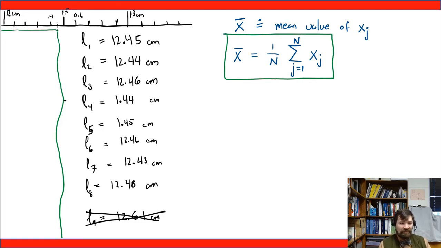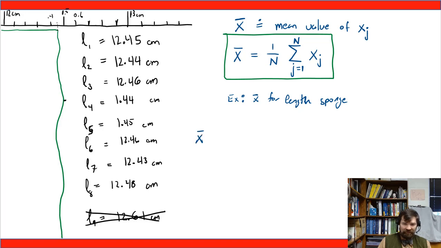So if x represents the length of this sponge, then in this example, my average would be 1/8 of, let's actually write this down here where I've got a little more space. So find the average for the length of the sponge.